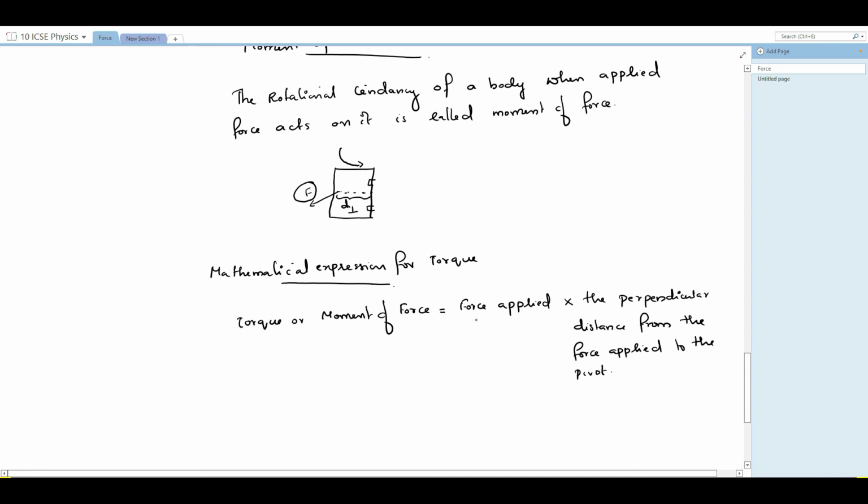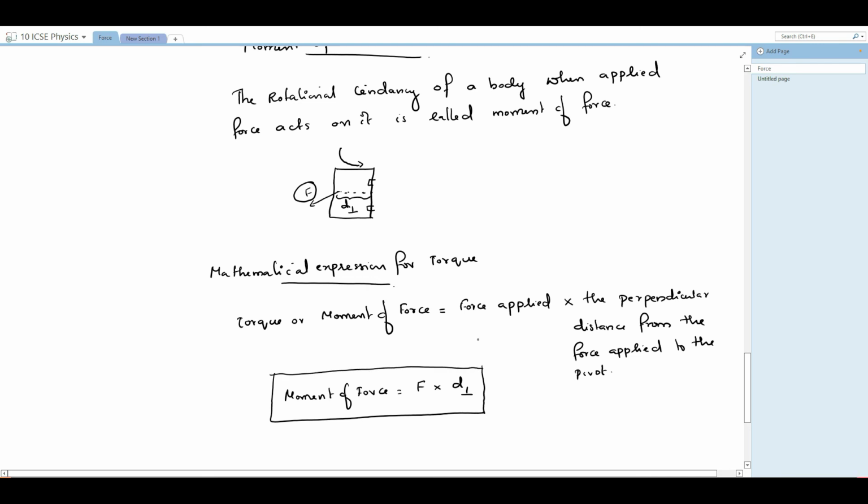So moment of force or torque is the force applied times the perpendicular distance from the force applied to the pivot. In mathematical notation, moment of force is equal to force F times the perpendicular distance d perp. This is a very important equation to remember.